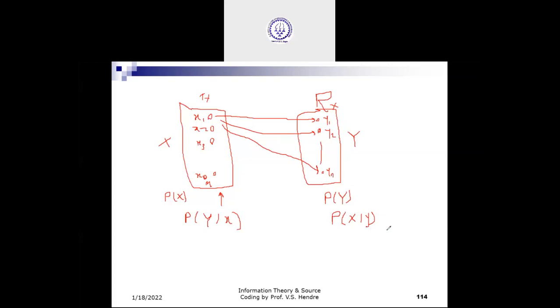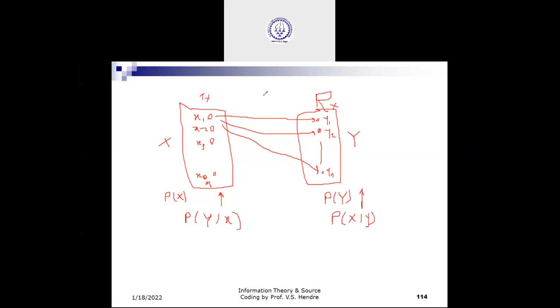So these are the conditional probabilities, y given x and x given y. Y given x is calculated at the transmitter end because x is known to me, and x given y is calculated at the receiver end because y is known to me. So P of x and P of y given x we can calculate at the transmitter end, and P of y and P of x given y we can calculate at the receiver end.